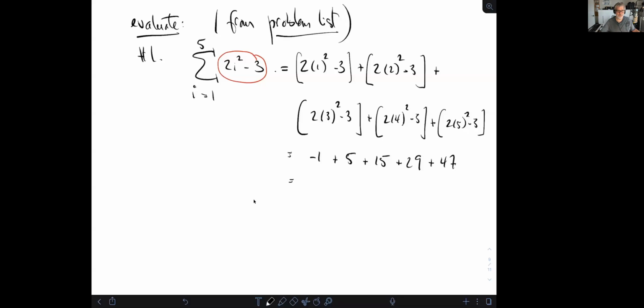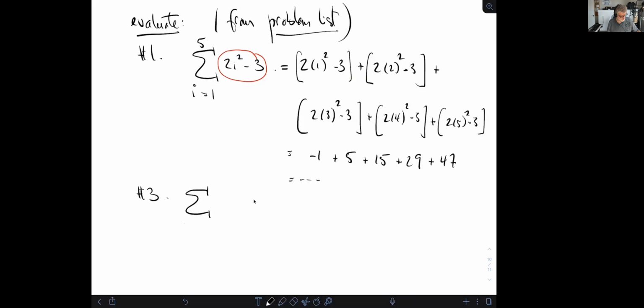Okay. Let's try another one. Okay, let's do number 3. Okay, number 3, you've got the sum j equals 1 to 4 of a index 2j. So notice now that what you're adding, a index 2j, we don't know what these are.